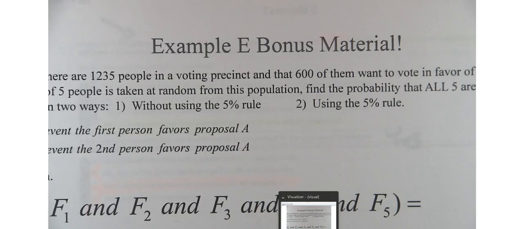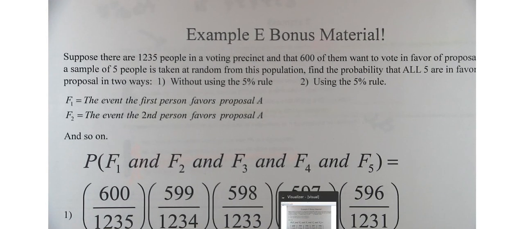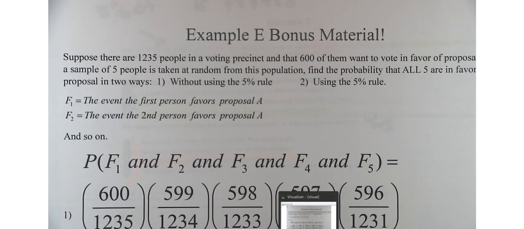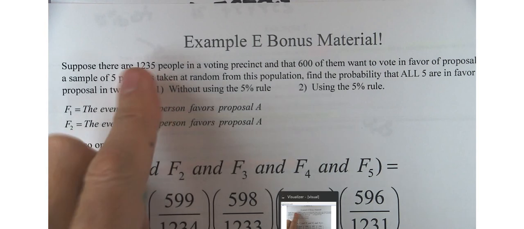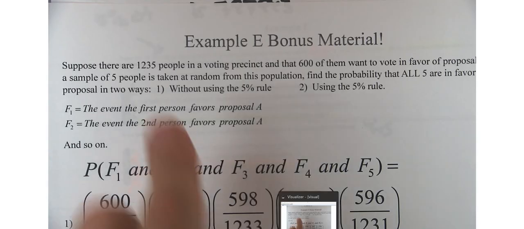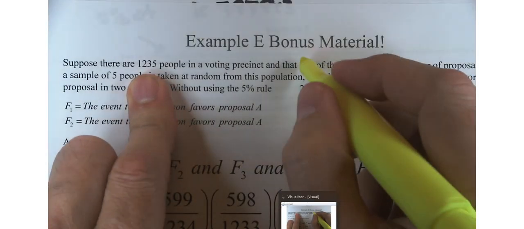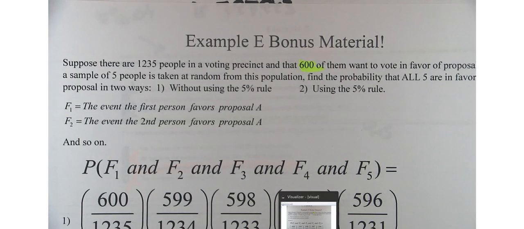It's what this next handout is going to try and really drive home. So I borrowed the 1,235 from example E, and I imagine this being in a small town where you're going to be voting on some issue. And of those 1,235 people, 600 of them are in favor of proposal A, the rest of them are against it.